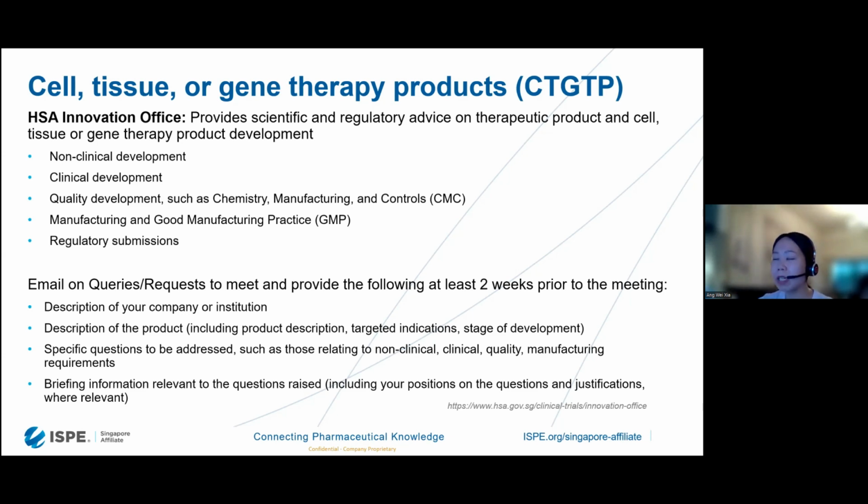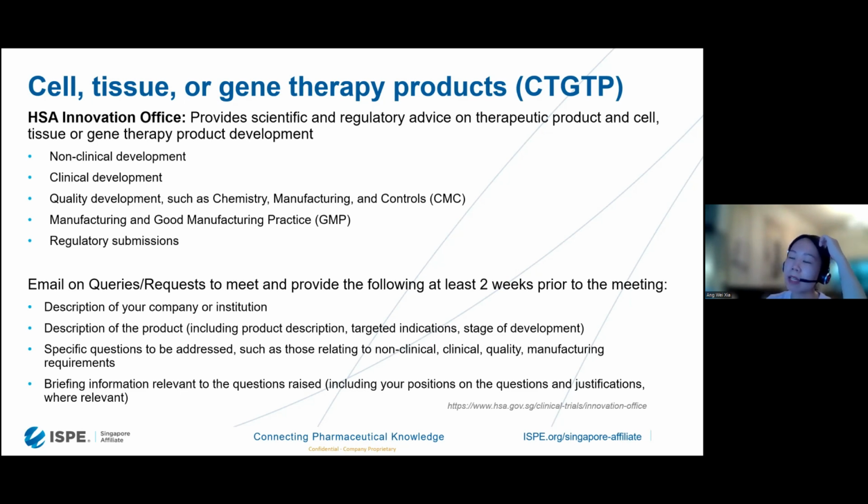For that, you first need to register the product in Singapore, and then you have to supply all the information in your quality dossier, and also the information of the manufacturing facilities. Upon approval, there might or might not be a need for the regulator to go to the site to review.